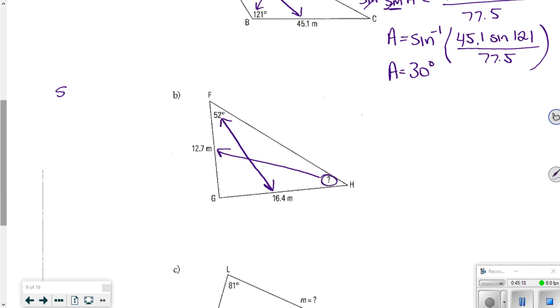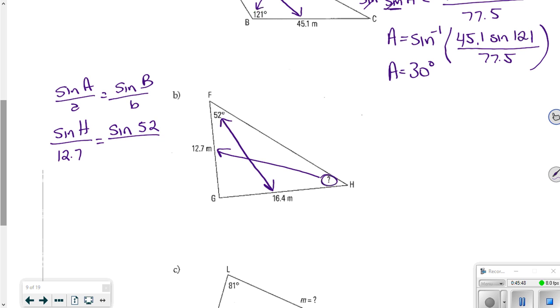So sine A over A equals sine B over B. So we're solving for our angle, which in this case we're calling H. So sine of H over the side straight across from it, so the 12.7, equals sine of the other angle we know, which is the 52, divided by the side that's directly across from it, which is the 16.4.